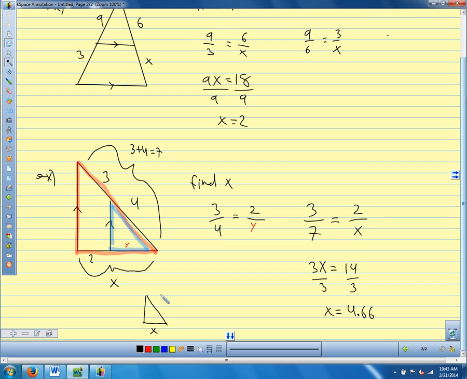That's x, and this whole side is 7, is what we figured out. And for the smaller triangle, this is 4. And we didn't know this piece. So this is how we would make sure we're comparing the same pieces. We call that piece y.